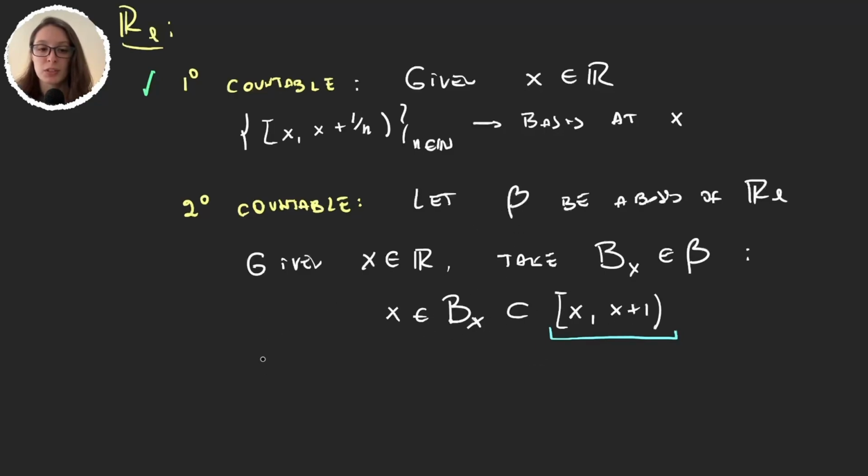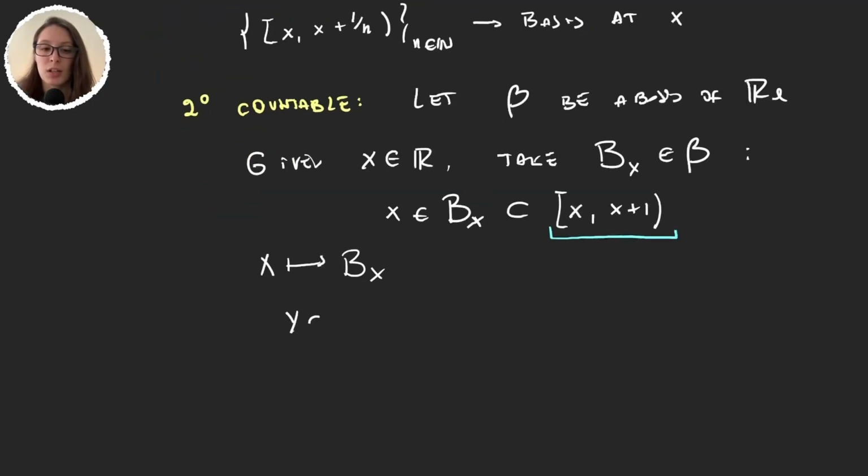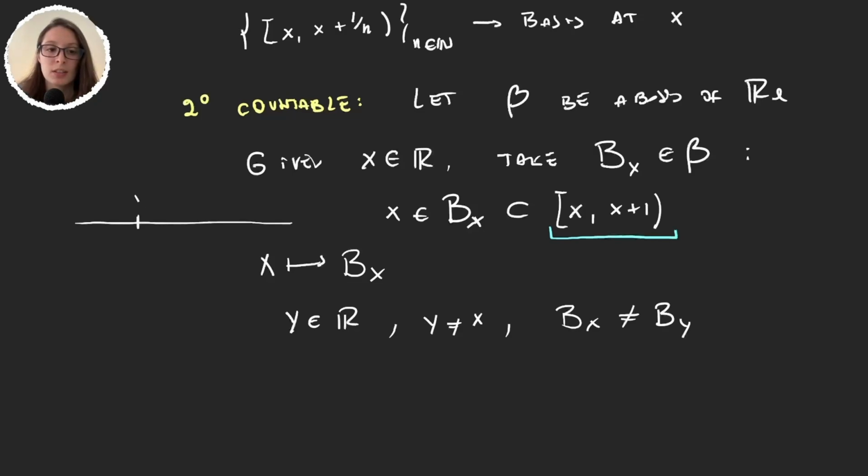So we have a function that for each x returns this basis element B_x, and this function is injective because if I take another element in the space, let's say y is different from x, then B_x will be different from B_y. This is very easy to see if we draw it. Let's say that here is x and this number is y, and the set [y, y + 1) is going to be something like this.